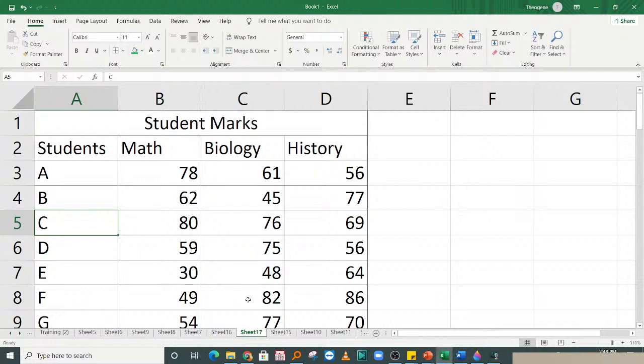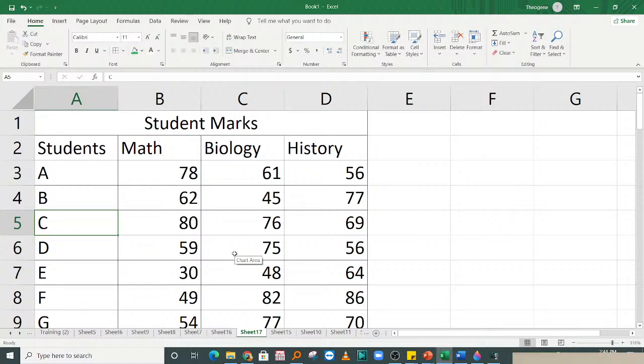Which course students are having a very high deviation and which course students are having close marks. If you look at it with your naked eyes, you cannot say, okay, here students' marks are close. No, you have to use a formula. You can't see it like that.